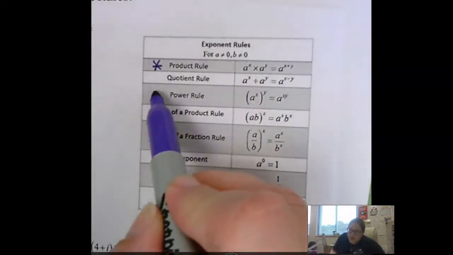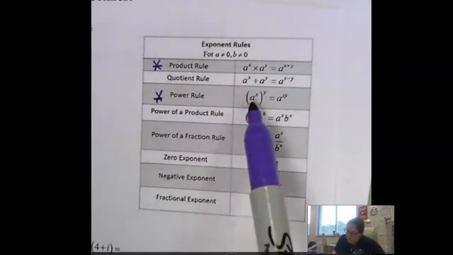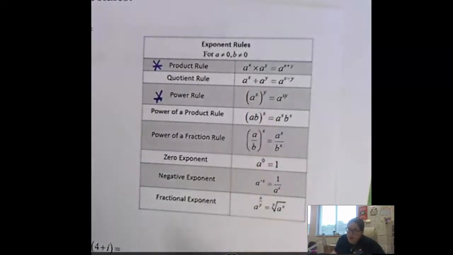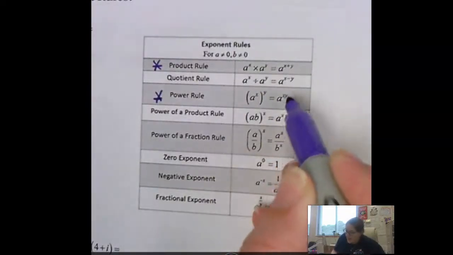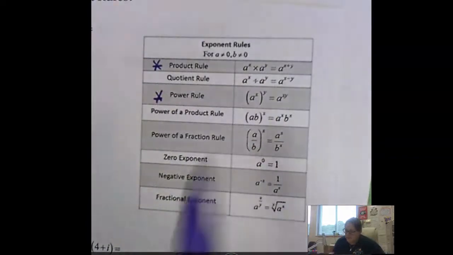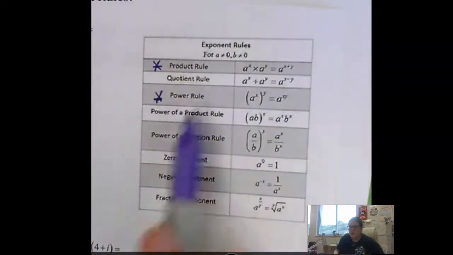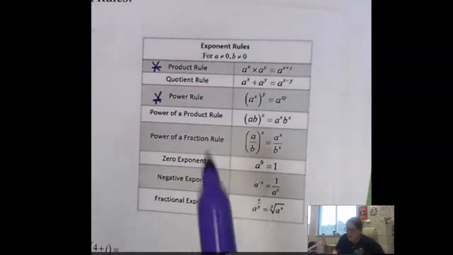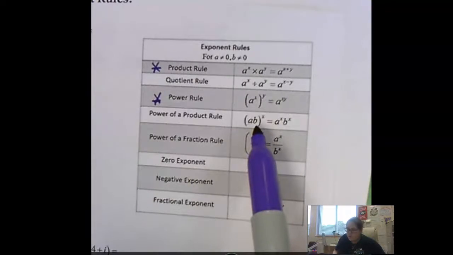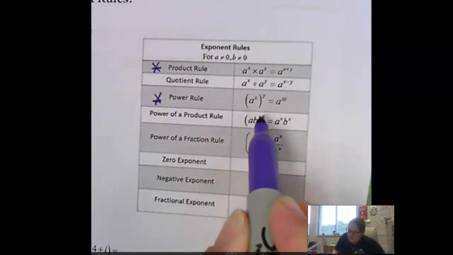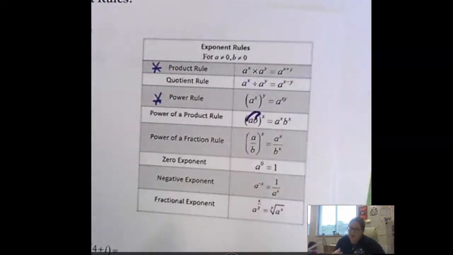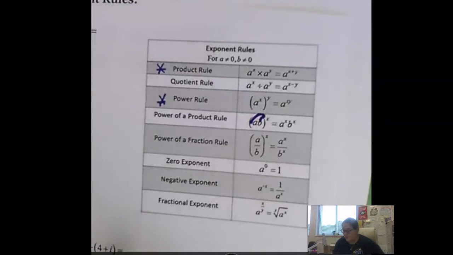We use the power rule a lot as well: a to the x raised to the y power, I multiply, that's a to the x times y. There are some others that are helpful to remember, but we're primarily going to focus on those rules, and also the power of a product rule, which is just if there's more than one thing being raised to the same exponent, the exponent applies to both of those terms, or all three if there's three of them.